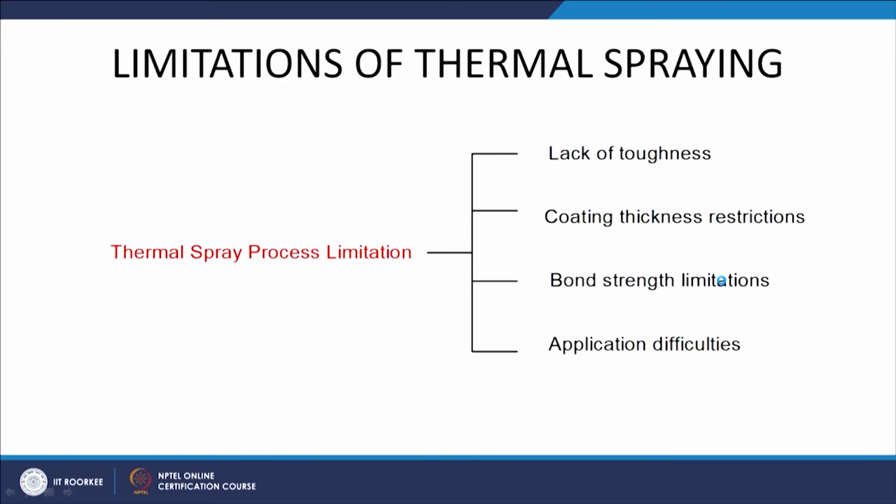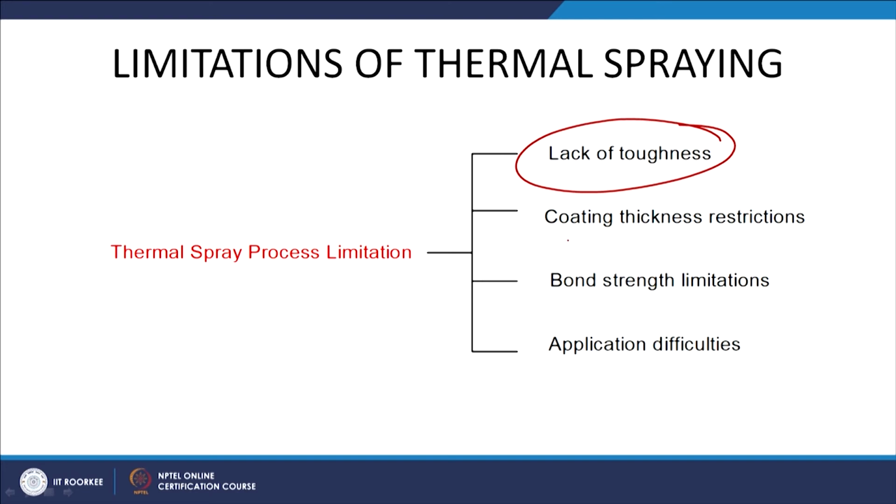Now we will see some additional aspects related to this process. Whenever we develop any flame spray coating, in general we encounter some issues. Since the coatings are developed by splat to splat bonding, or bonding of the splats with the substrate, this leads to limited toughness of the coatings.